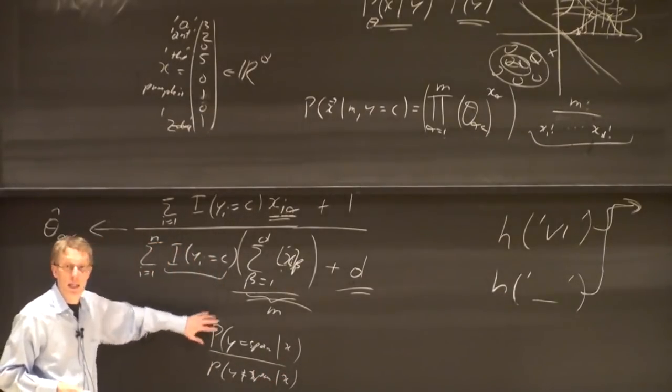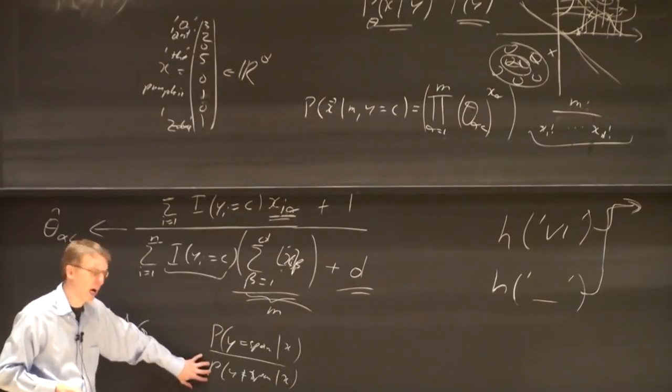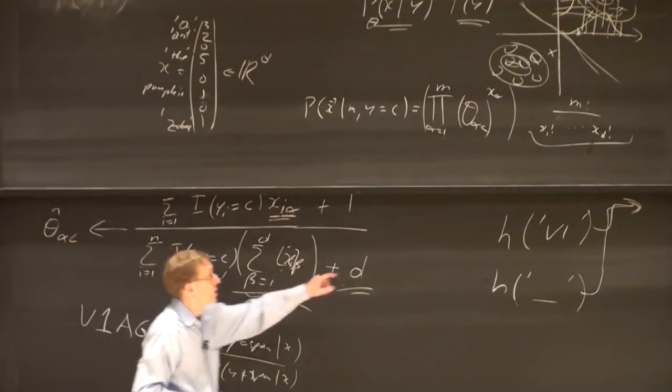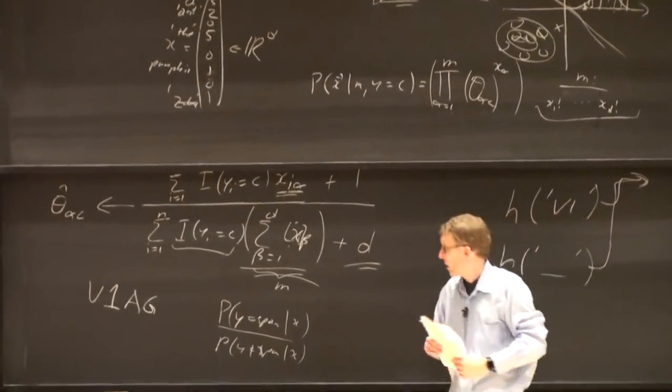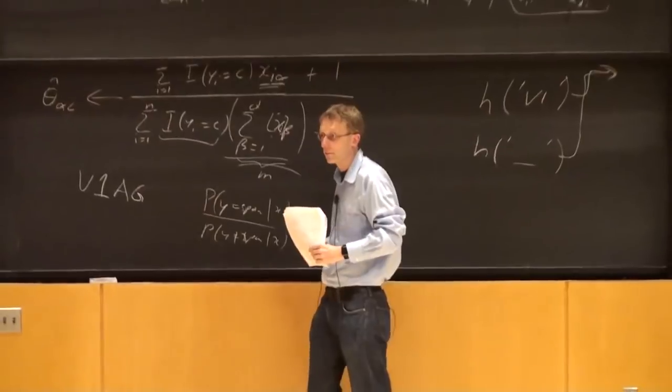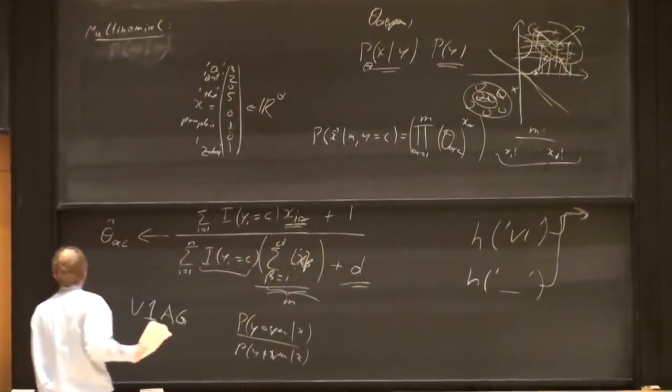If it's larger than 1, I go with spam. If it's less than 1, I go with not spam. These two have exactly the same constant, so you can just cancel it. You never actually compute this. It's just to be a little bit rigorous.